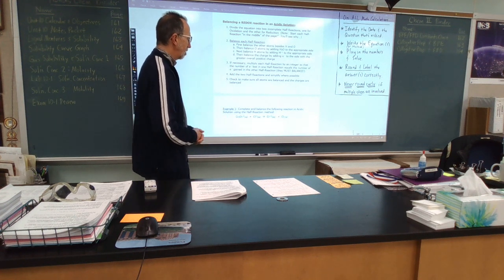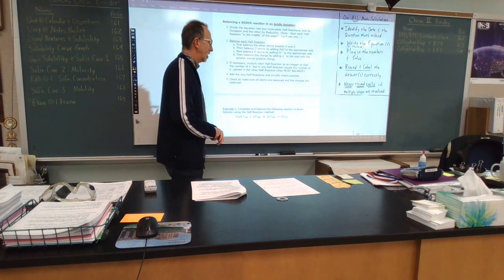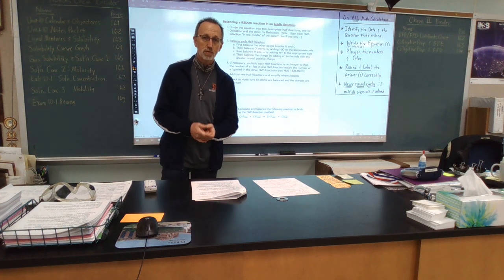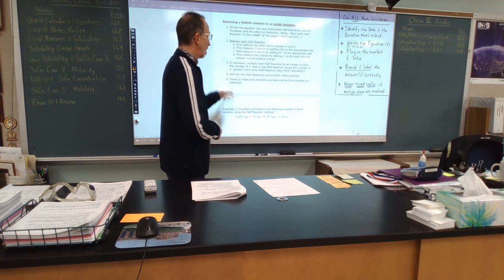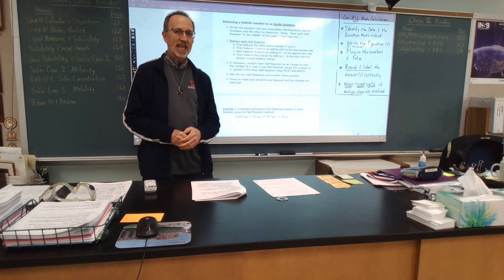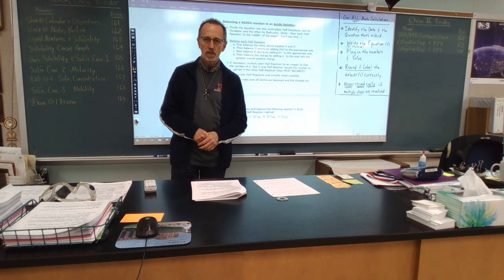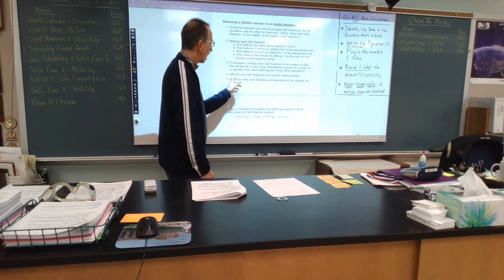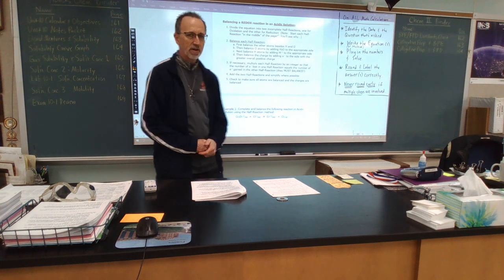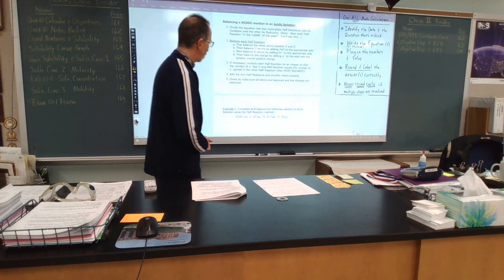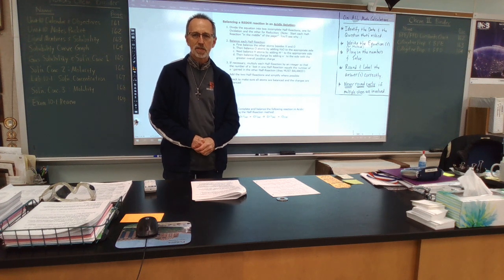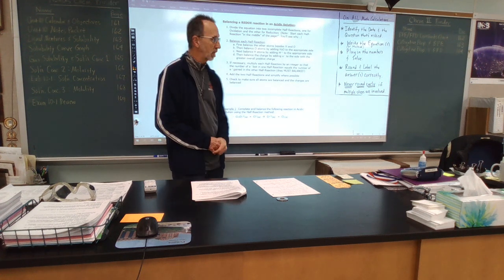If necessary, multiply each half reaction by an integer so that the number of electrons lost in one half reaction, your oxidation half reaction, equals the number of electrons gained in the other half reaction, your reduction half reaction. Add the two half reactions together and simplify where possible, and then check to make sure your charge and atoms and ions are all balanced.